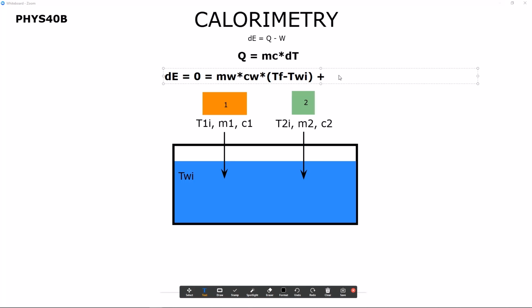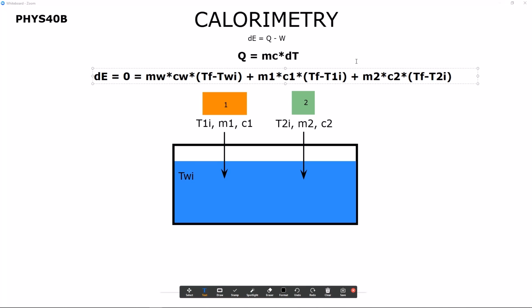So continuing then, m1 times C1 times, and remember that the final temperature is common, so there's no need to differentiate between the two. But we'll have T1I. And then the same thing for our last mass, m2 times C2 times TF minus T2I.